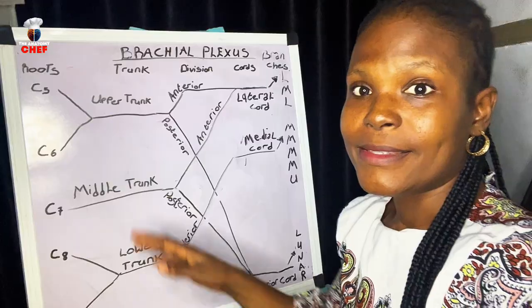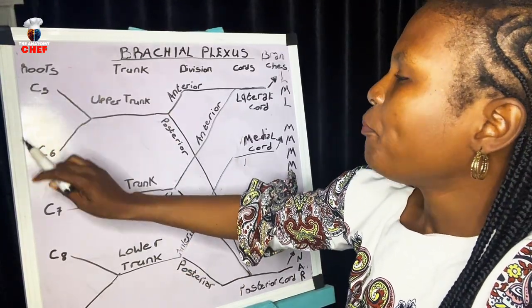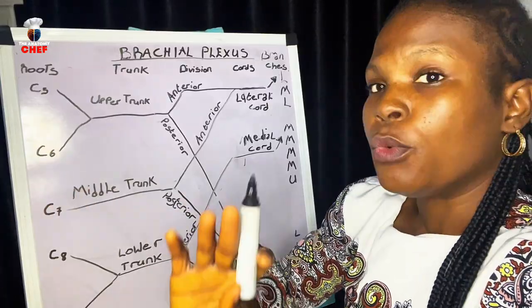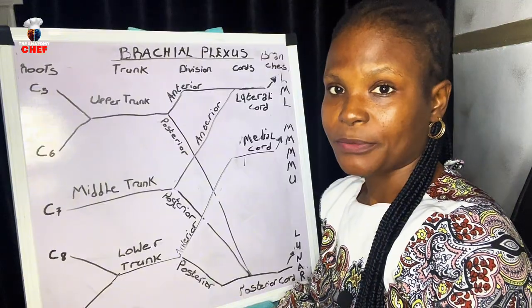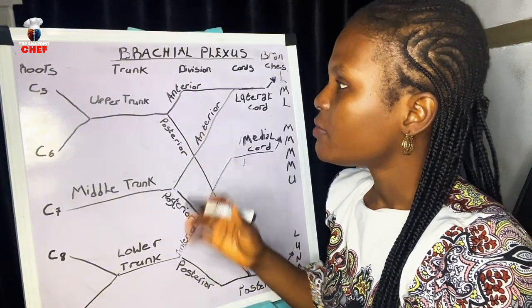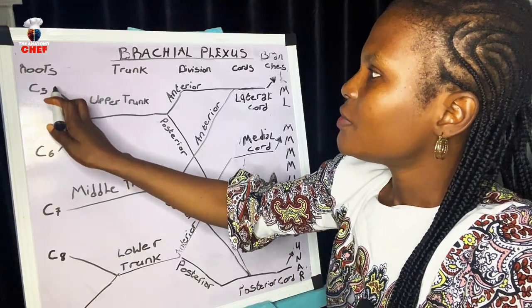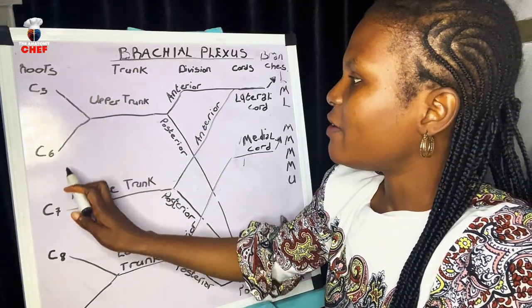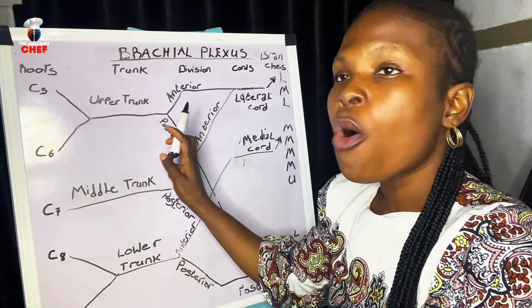So you can see the root C5. As we have C5, we also have the root C6, the root C7, and the roots C8 and T1. So what exactly happens here? What happens here is that the root from C5 merges with the root from C6 and gives rise to the upper trunk.